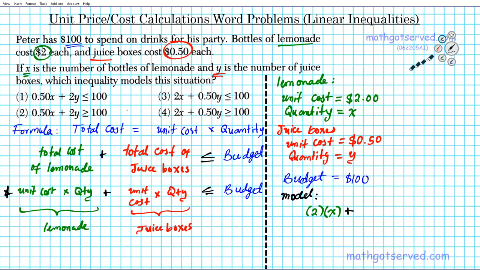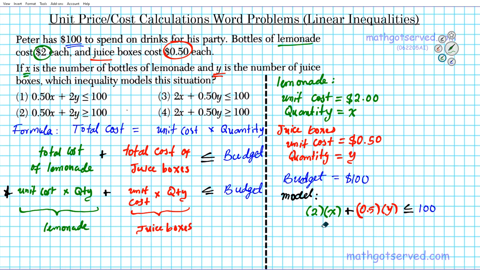The unit cost of juice boxes is 50 cents, so $0.5, and then multiply that by the quantity of juice boxes purchased, which is Y, and that together it cannot be greater than the budget. So it has to be less than or equal to the budget. What's the budget? The budget is $100.